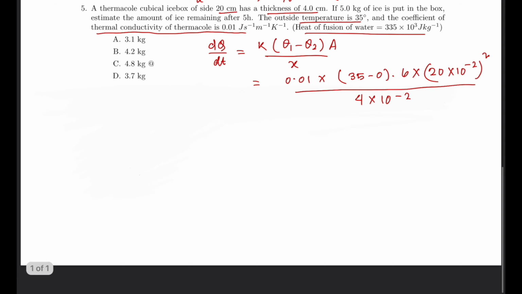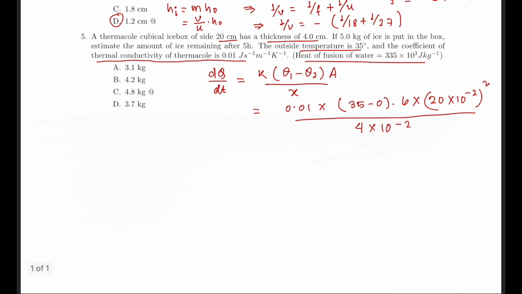Now you need to be very careful about the area. There are 6 surfaces of a cube, and each surface has an area of 20 centimeter square. That means (20 minus 2 times 2) whole square divided by x. X is the thickness, which is given as 4 centimeter. So you calculate this number, that is the rate of heat flow.